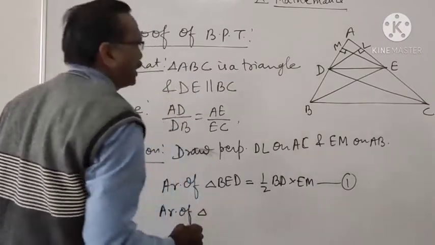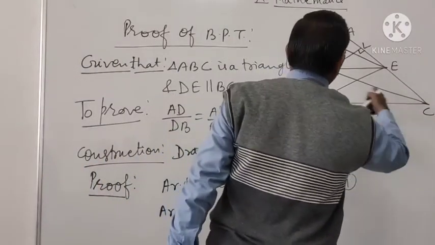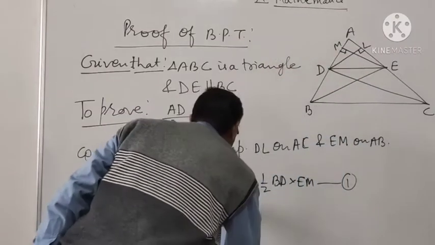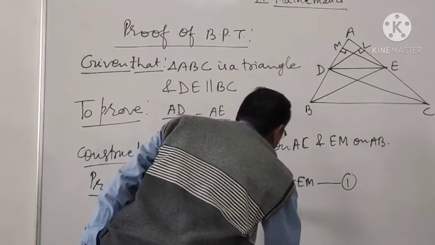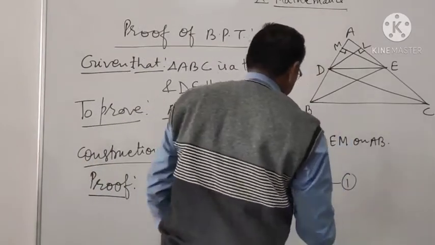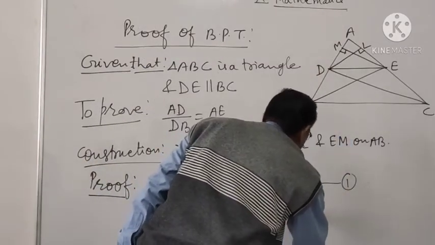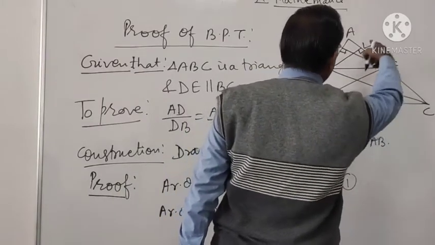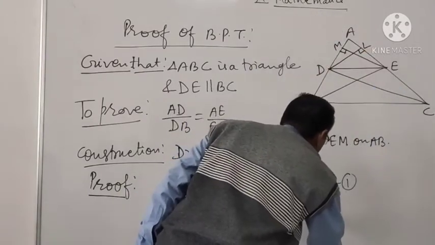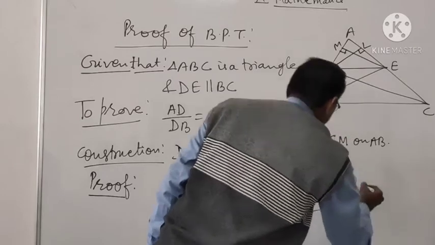Then the area of triangle DCE equals half of CE into DL. It is equation 2.